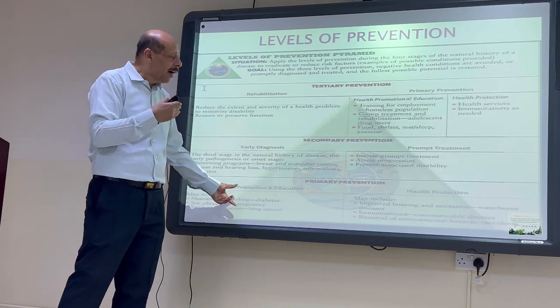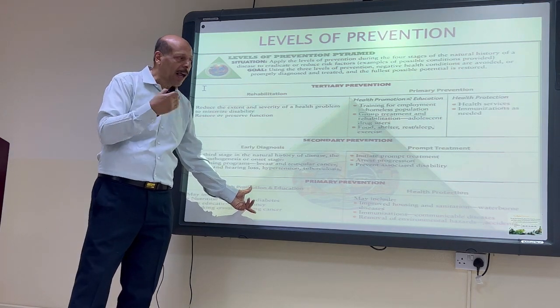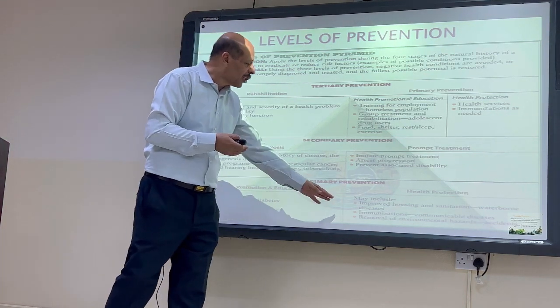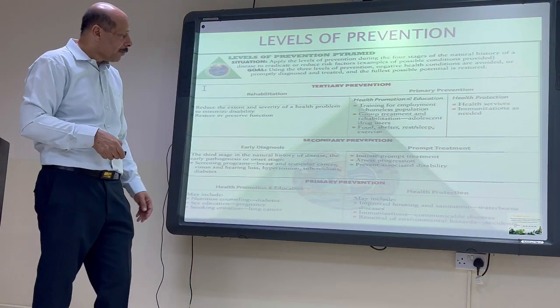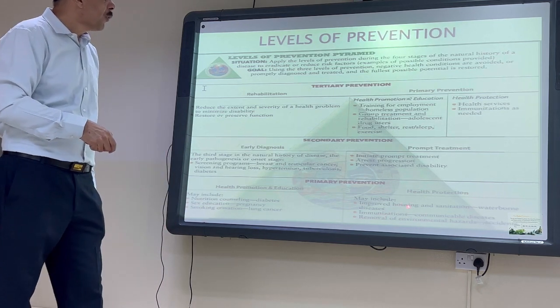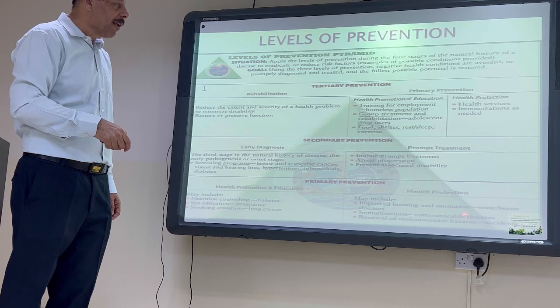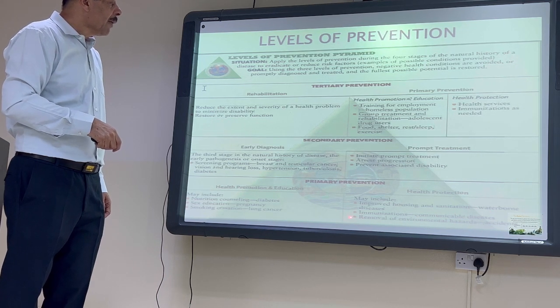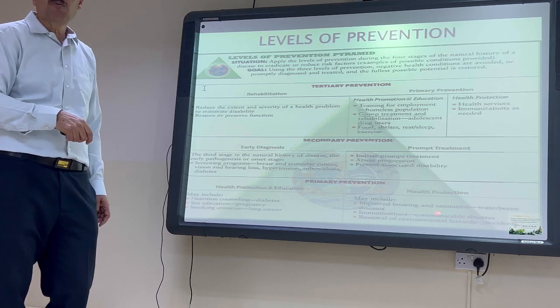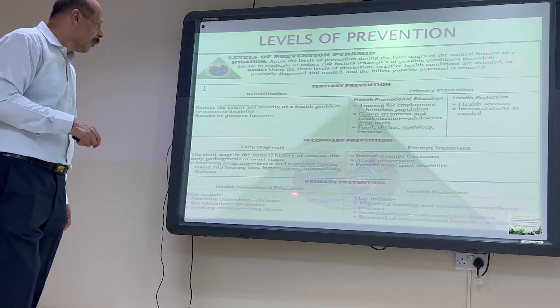By that we are primarily preventing exposure to the disease. Health protection may provide improved housing or environment, immunization, and removal of environmental hazards within the community.